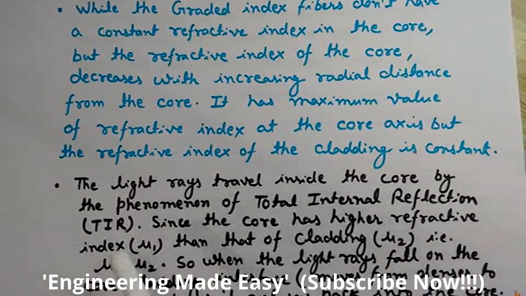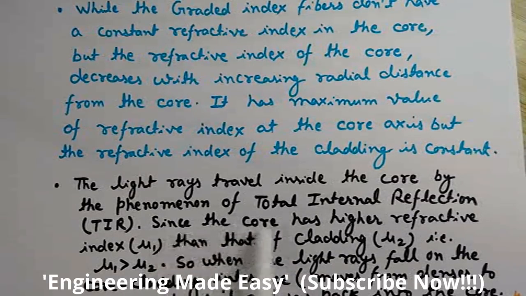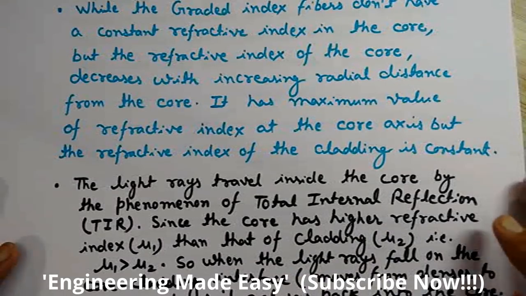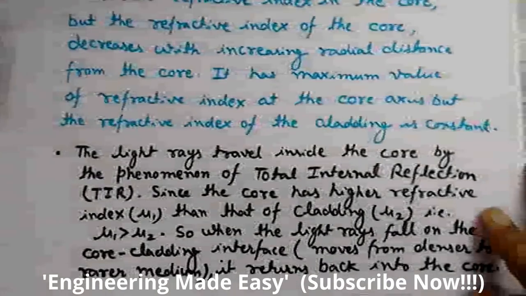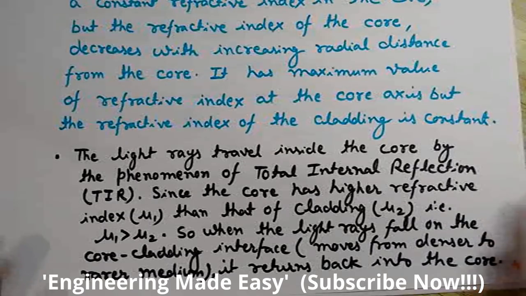They are confined to the core only. TIR takes place at the core-cladding interface, since the core has a slightly higher refractive index than the cladding, as I have told you that mu1 is greater than mu2.